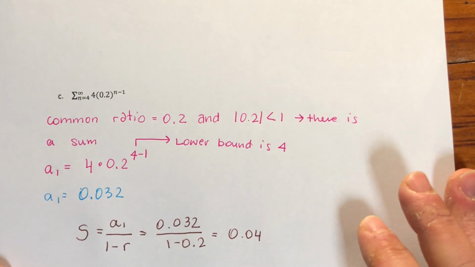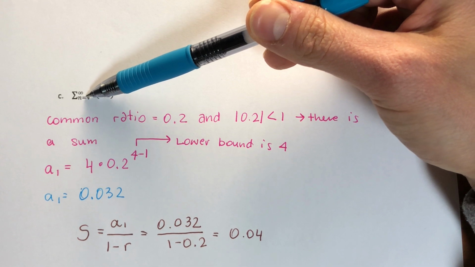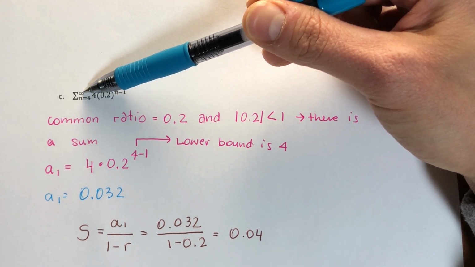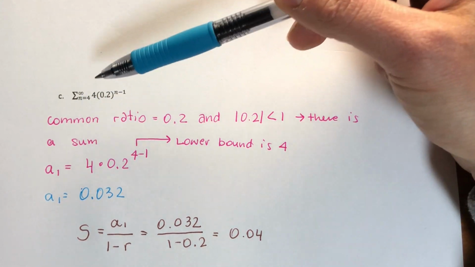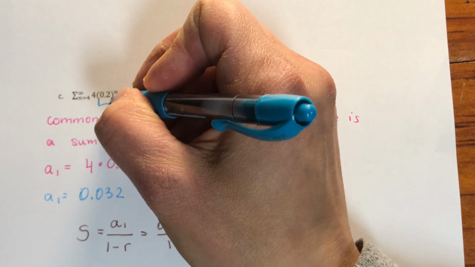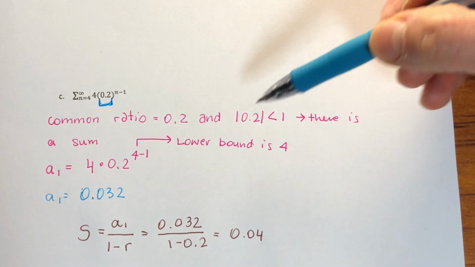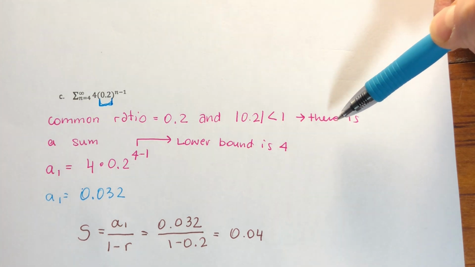And I have the last one that I did. So notice that my n is equal to 4. This is going to infinity. And my series is described with this formula. So again, common ratio. Like I said in the other example, this is our r, and because r is 0.2, which is less than 1, there's a sum.